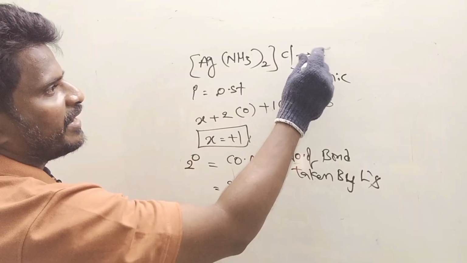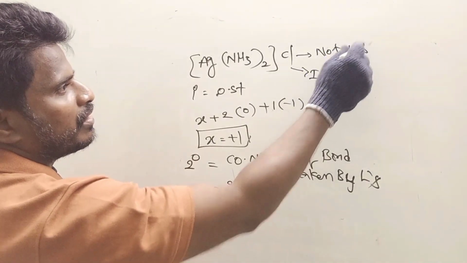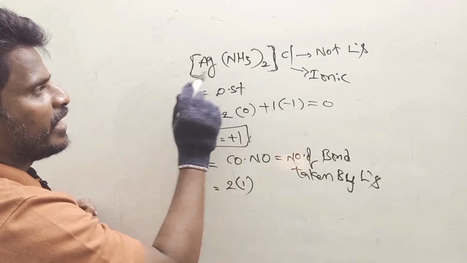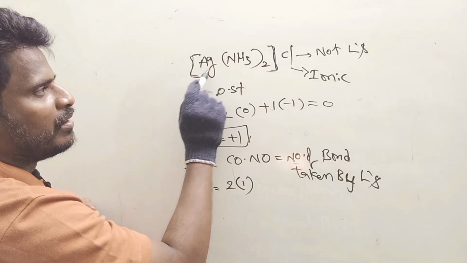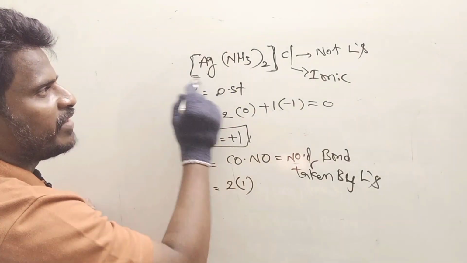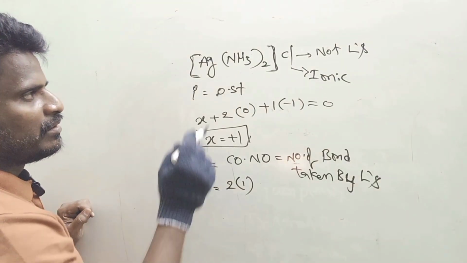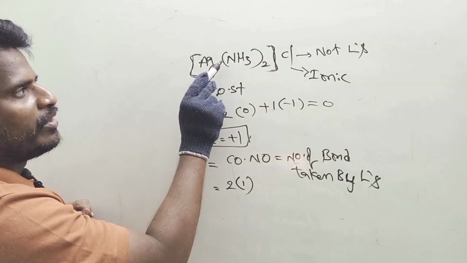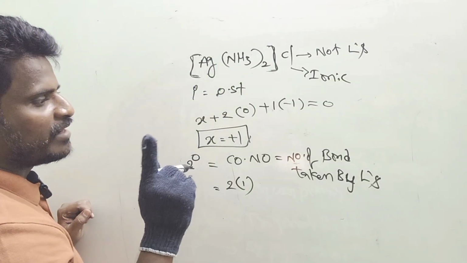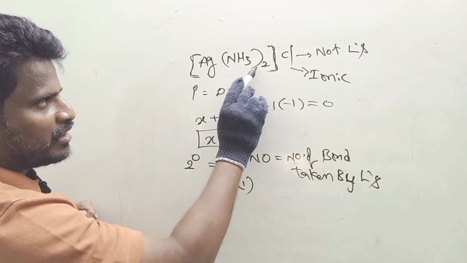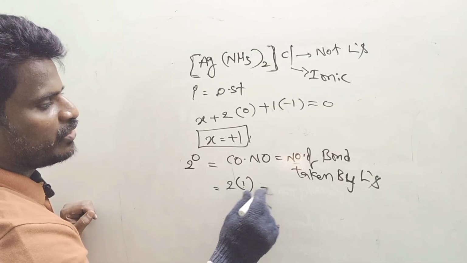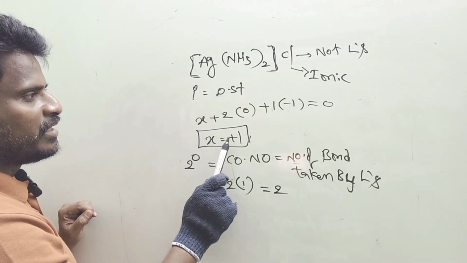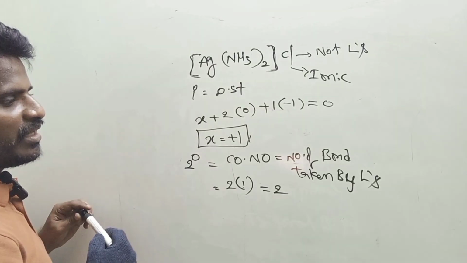It is not a ligand. Ligands are represented within the square bracket except the central metal atom. Here 2 ligands are there and that is the ammonia ligand. It donates one lone pair to the silver and makes one bond, so totally two monodentate ligands, 2 into 1 is equal to 2. This compound's primary valency is +1 and secondary valency is +2.